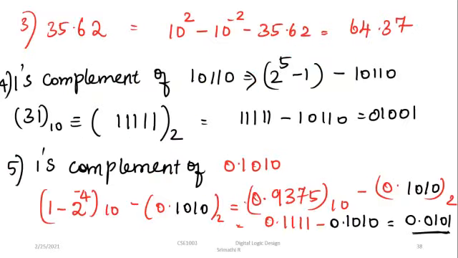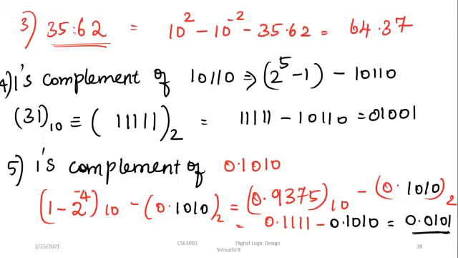And the third sum is, let me take 35.62 as a whole number, meaning involving the decimal point also. How many digits do I have before the decimal point? 2 digits, so 10 power 2.